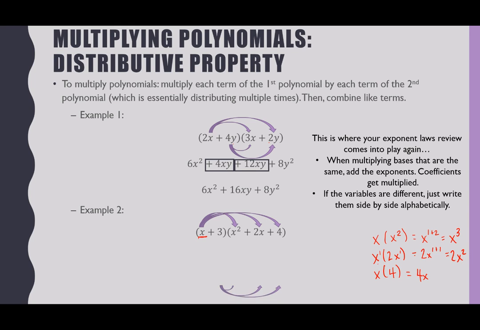Okay, and then you're going to distribute the second term in the first set of parentheses, 3, to each of the terms inside the second set of parentheses. And since 3 has no variable with it, that is a little bit easier. So 3 times x squared, 3 times 2x, and 3 times 4.